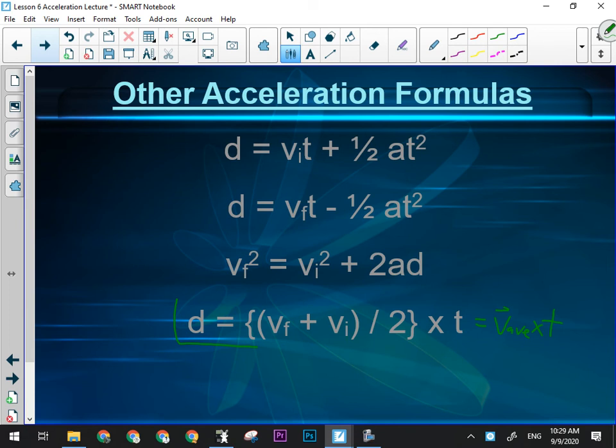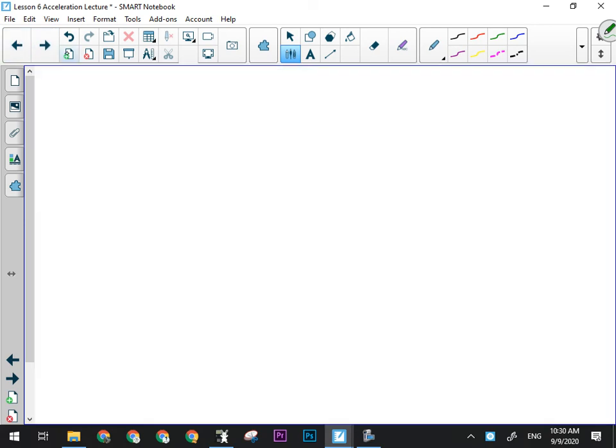If it's over a whole graph, it's not as good, because the acceleration may not be uniform over the whole graph. So it's probably the least useful of all of the formulas, and you can only use it if the question specifically states the acceleration is uniform. All right, let's go back and look at manipulation of this formula here.